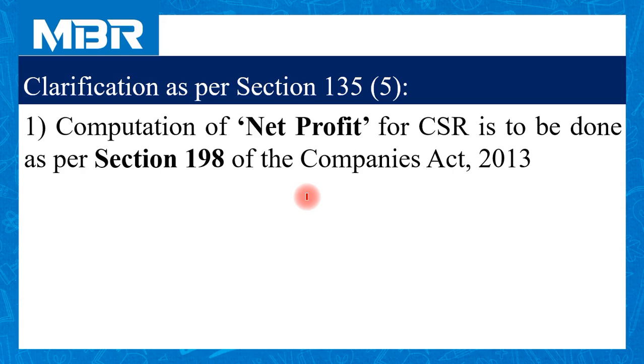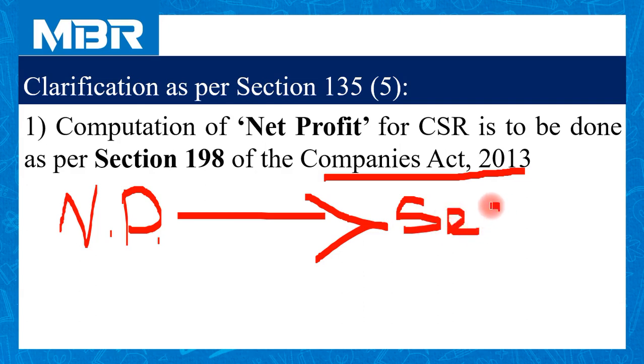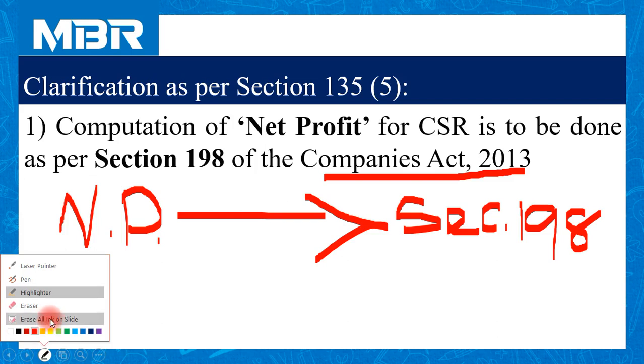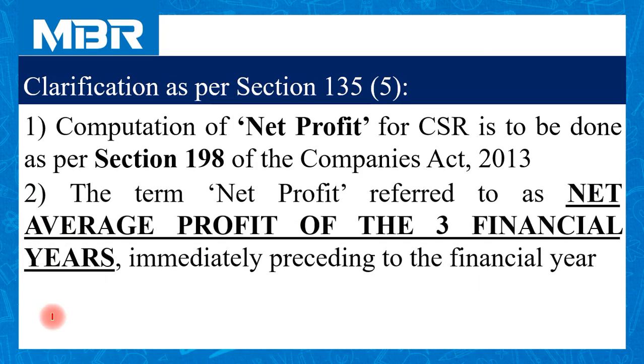For the calculation of net profit for CSR activities, guidelines are given in the Companies Act 2013, and these guidelines are clearly mentioned in section 198. So the calculation of profit for CSR is based on the explanations and clarifications given in section 198.